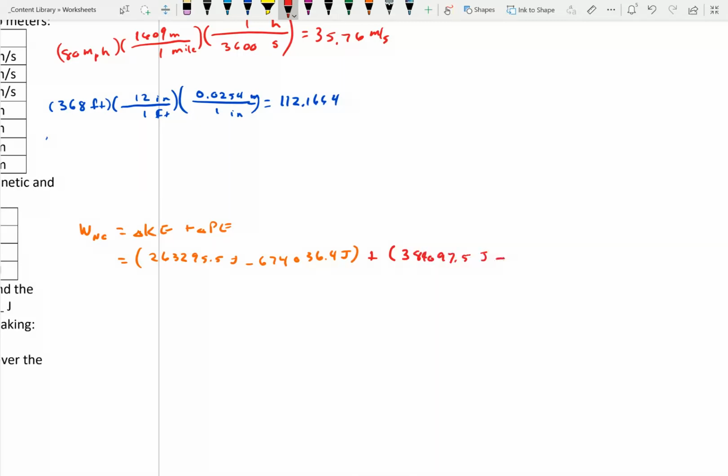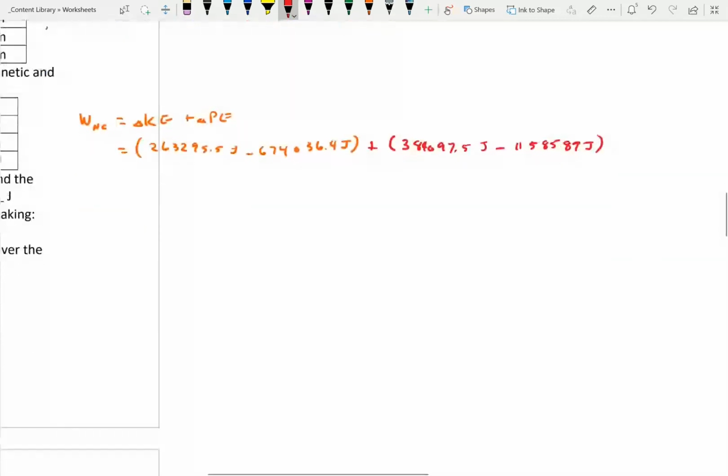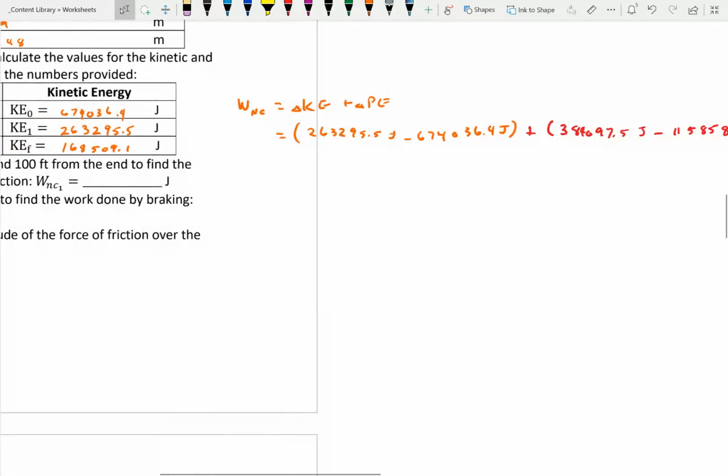384097.5 joules minus 1158589 joules. Notice actually both of those are negative. The kinetic energy decreased and the potential energy decreased. And when you put it all together, you find that's equal to minus 1,185,233 joules.